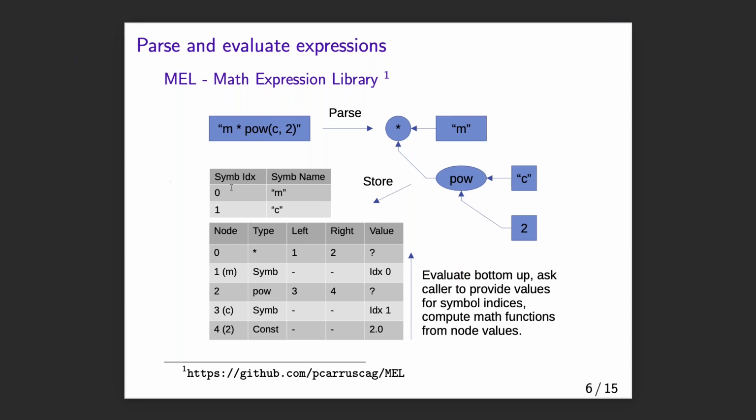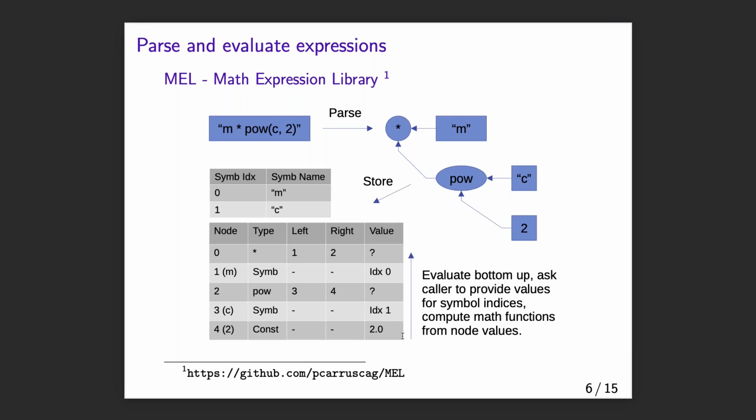So this is actually stored as a list of symbols, and then as a very small table where we store the node, and we store the type of the node. So this can be either the operation times, power, plus, minus, and so on. We store if the node is actually a symbol like C or M, or if the node is actually a constant like this 2 here.